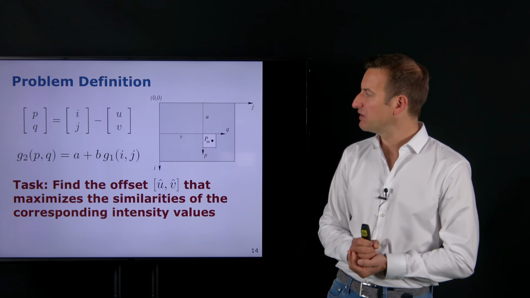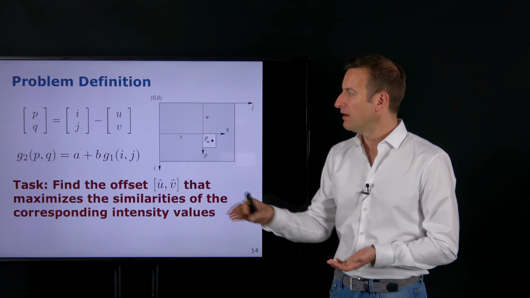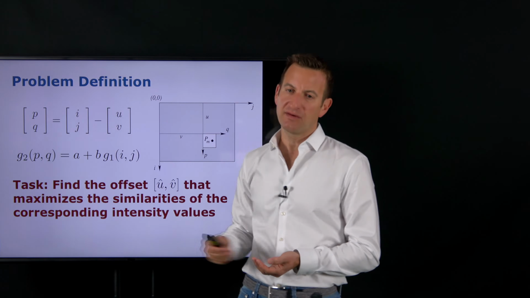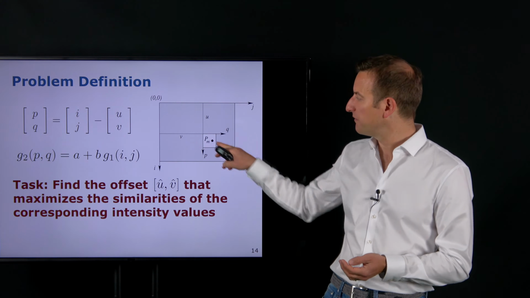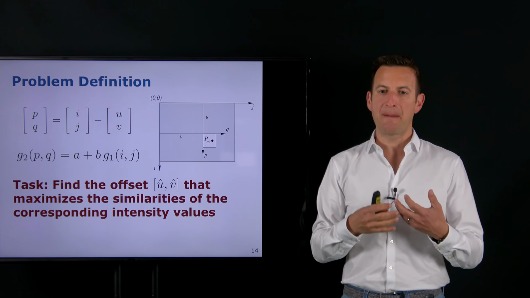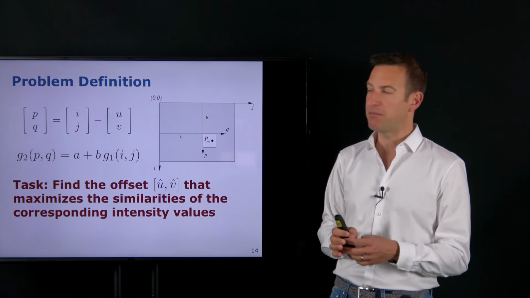So my problem definition is basically finding this UV vector, this offset vector, under a transformation of the intensity values, which may look like this. And what I want to do is find the location so that I'm maximizing the similarity between my template and my image.